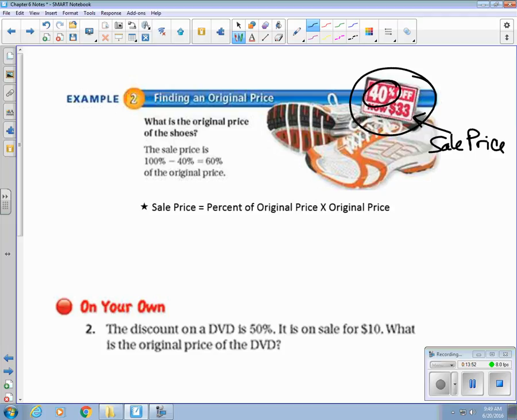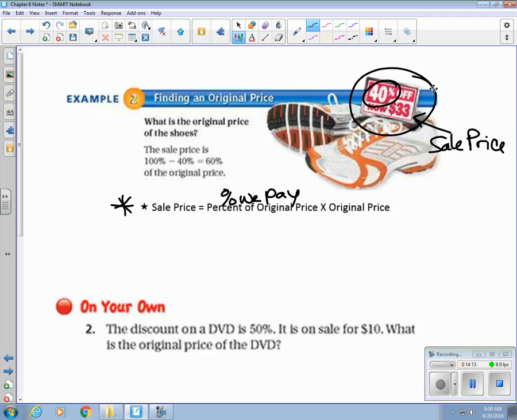So this is where, using that one formula that I like, sale price equals percent of original price, or we like to call it the percent we pay times the original. This little formula helps solve a lot of these problems, okay?